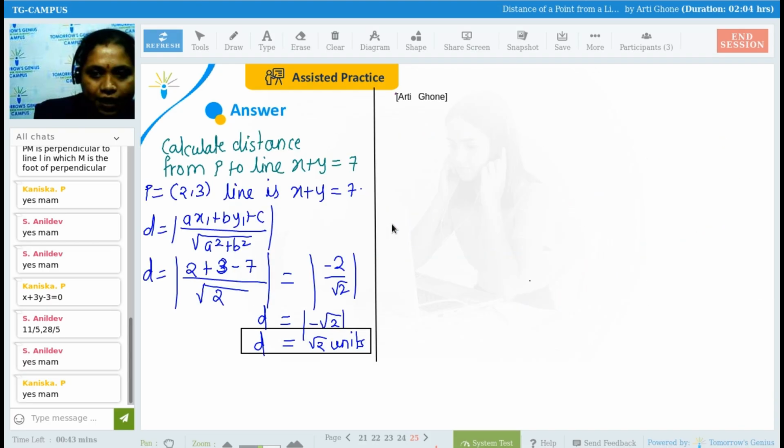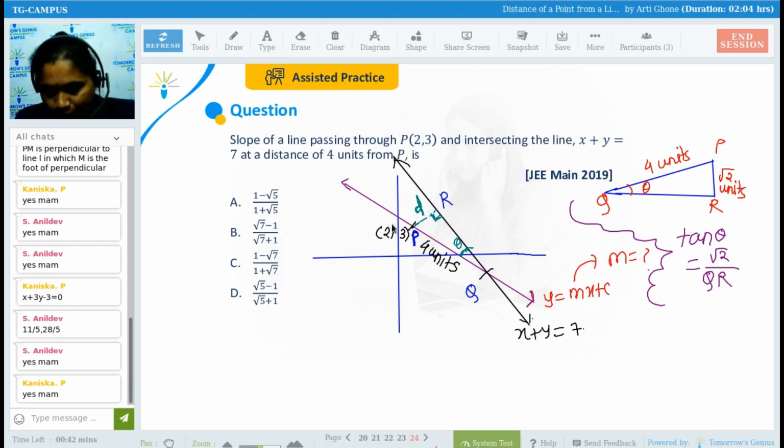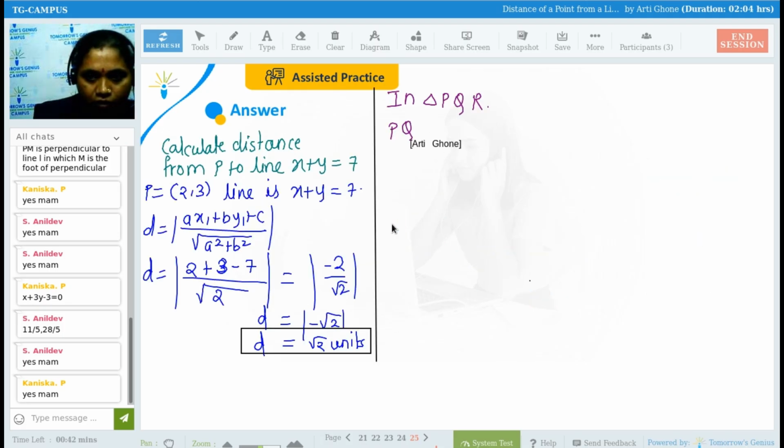So in triangle PQR, what is our hypotenuse? PQ square is equal to QR square plus d square. Therefore, QR is equal to the square root of 16 minus d square.